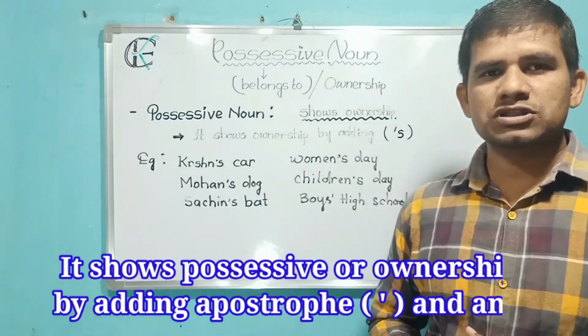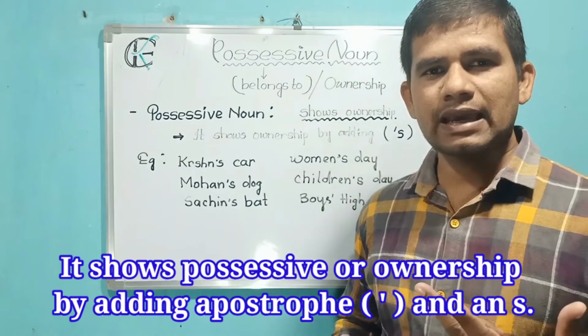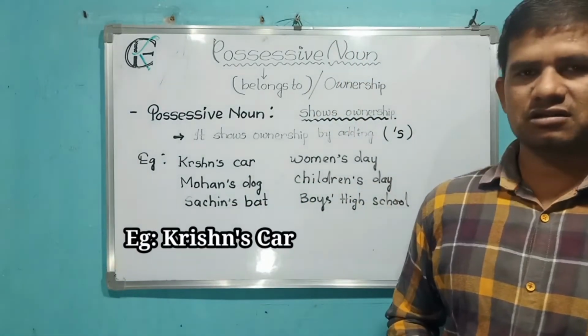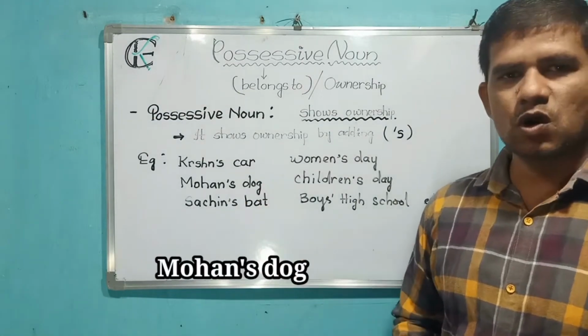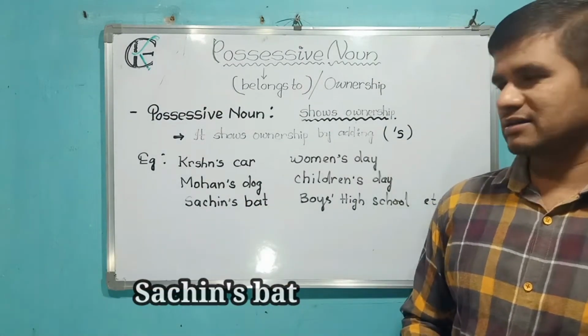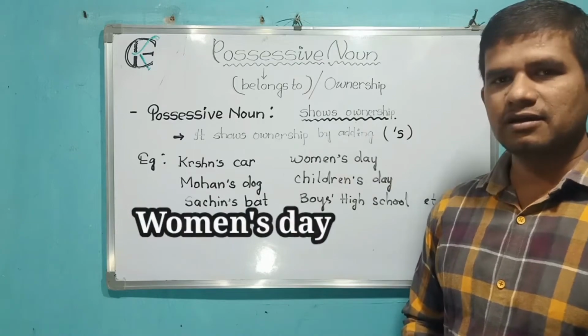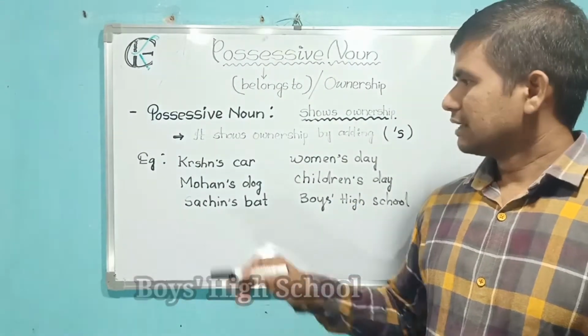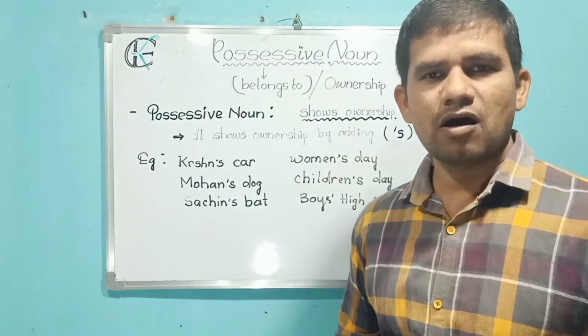It shows possession or ownership by adding apostrophe s. For example, Krishna's car, Mohan's dog, Sachin's bat, Women's Day, Children's Day, Boys' High School. These are possessive nouns.